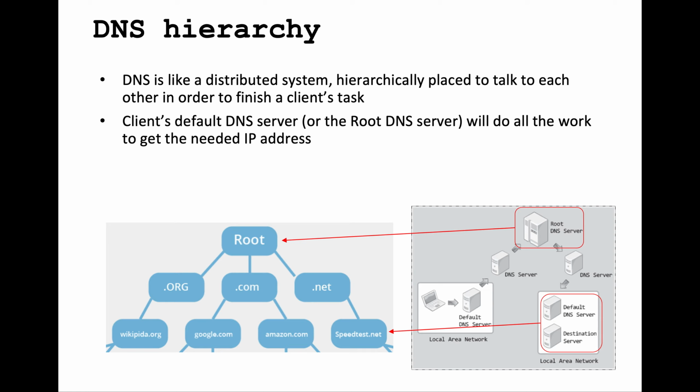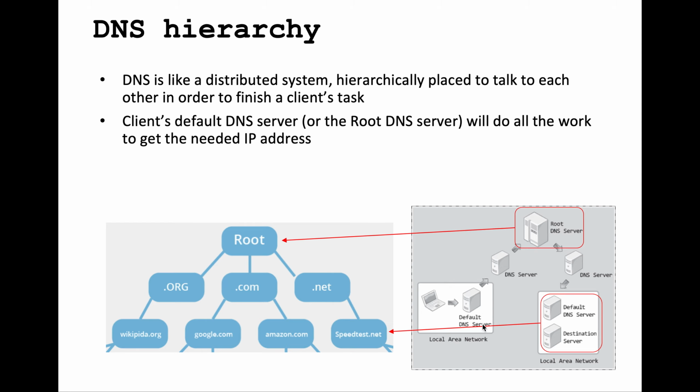And when you open a website inside your laptop, what's happening is your laptop is trying to figure out the IP address by asking what is the IP address for naver.com from the default DNS server inside your local network.